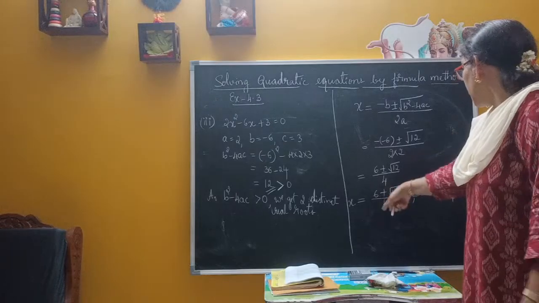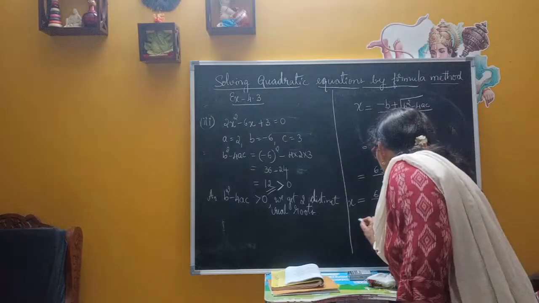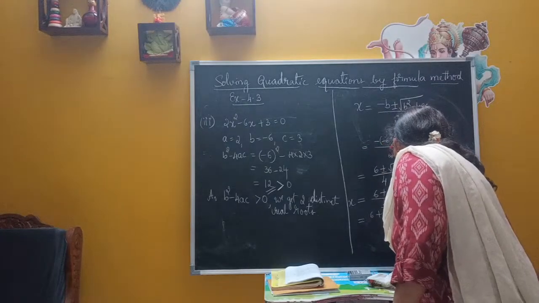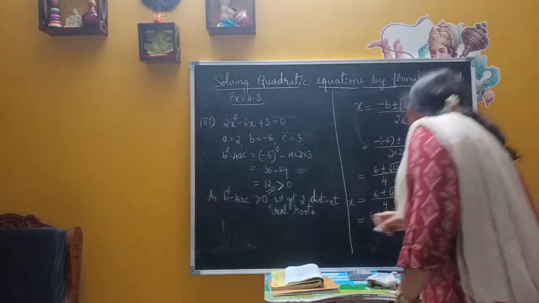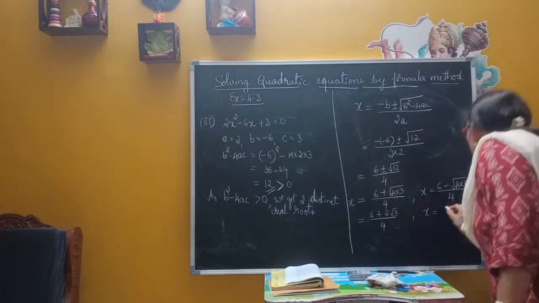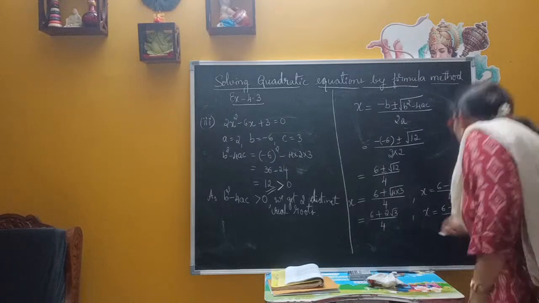Square root of 4 is 2, so it comes out. So 6 plus 2 root 3 by 4 is one value. Other one, x is equal to 6 minus 2 root 3 by 4.